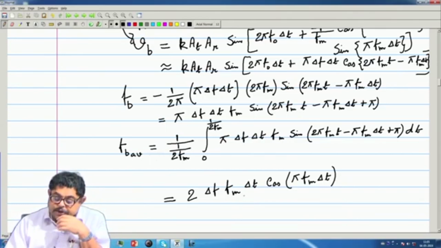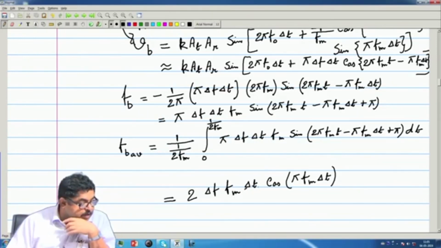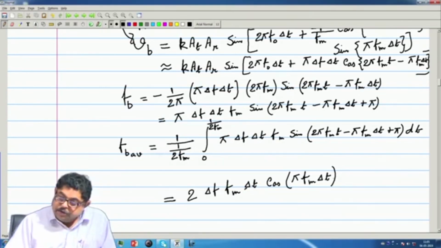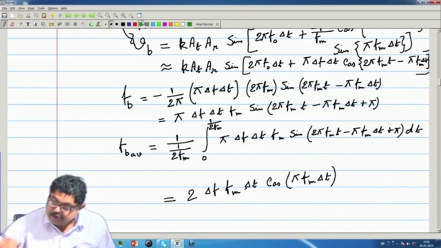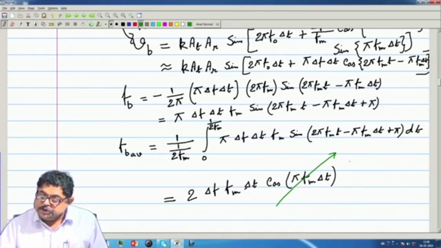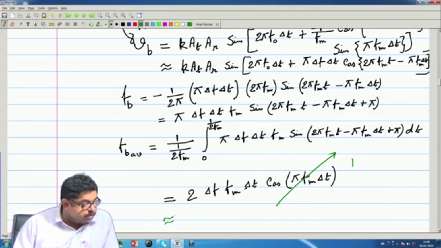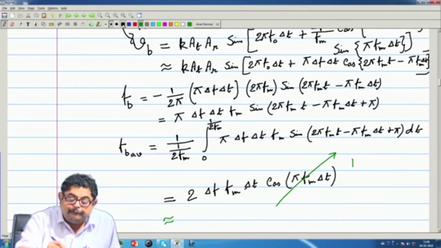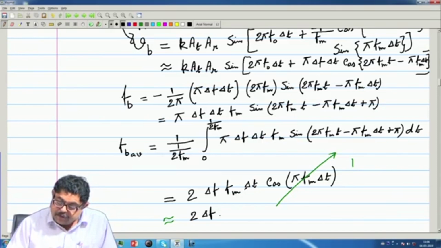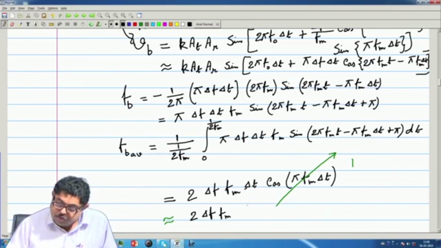Now, we already have seen that f_m Δt, their product, is much less than 1. So, we can say that cos π f_m Δt, under that assumption, that short range, is becoming 1. Okay. So, this then approximately becomes 2 Δf f_m into Δt.